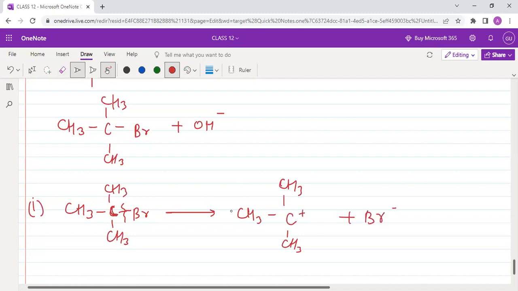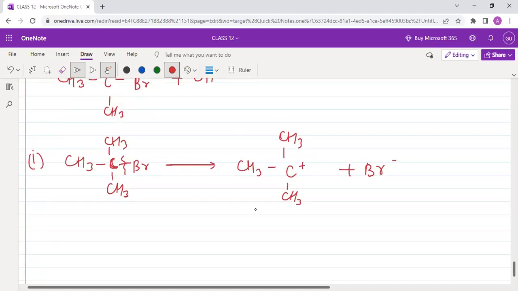A species having a positively charged carbon atom is called a carbocation. Is it a primary, secondary or tertiary carbocation? It is tertiary.